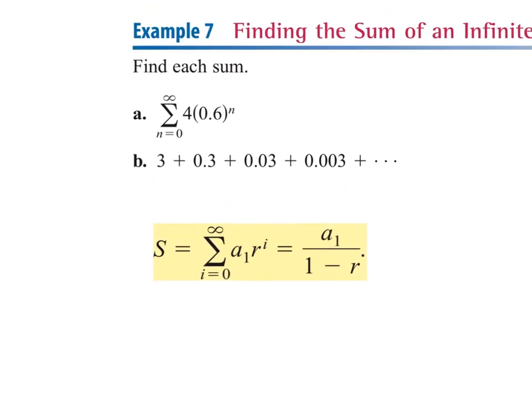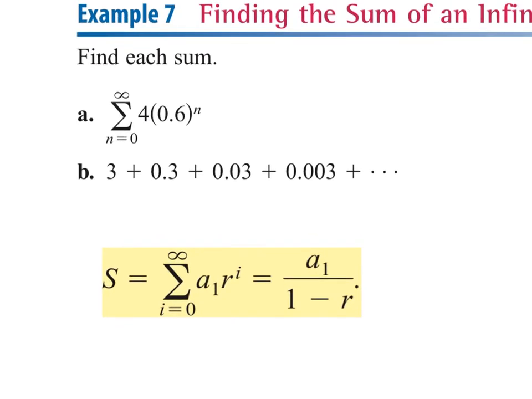So for these two questions, let's do these two and then we're done. Is this infinite or finite? It's infinite because there's an infinity sign at the top, right? Yep. So my formula is as follows. The first term, not including the ratio, so literally just the first number, is 4.